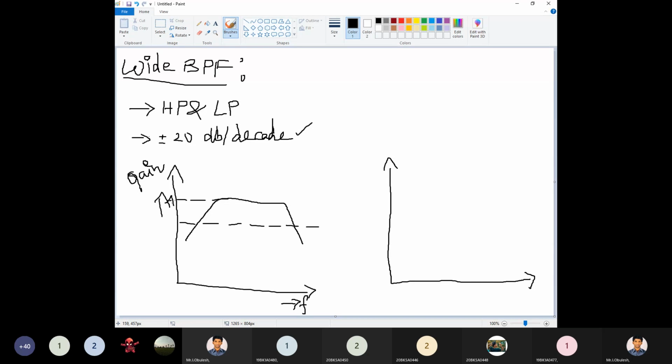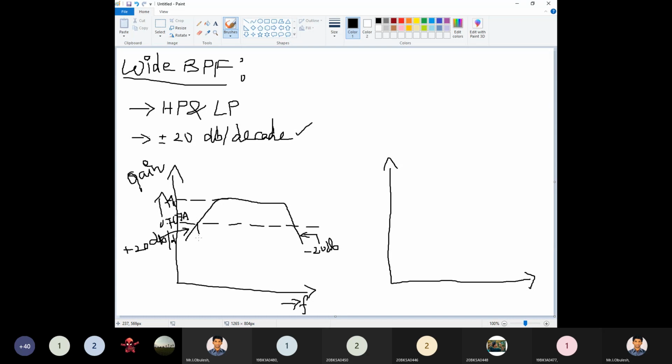This is 0.707 into A. So this area is plus 20 decibel per decade.